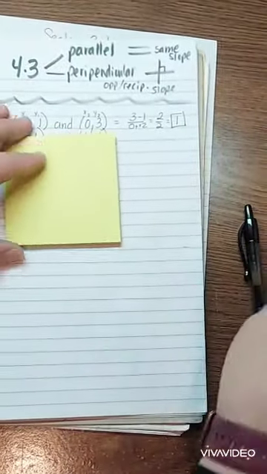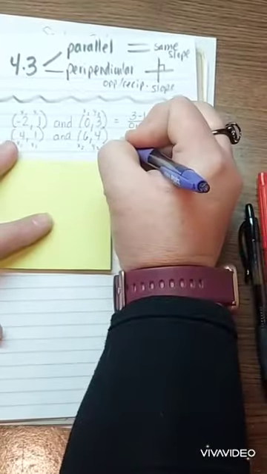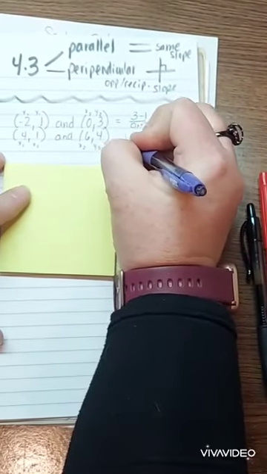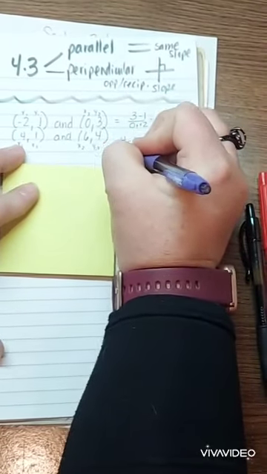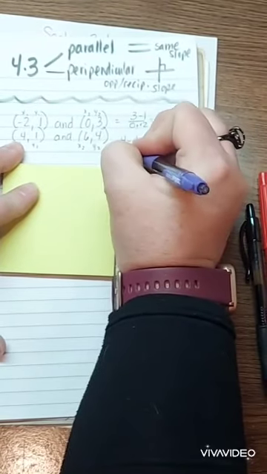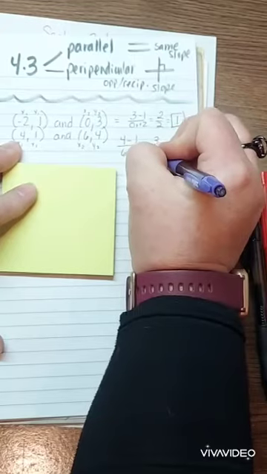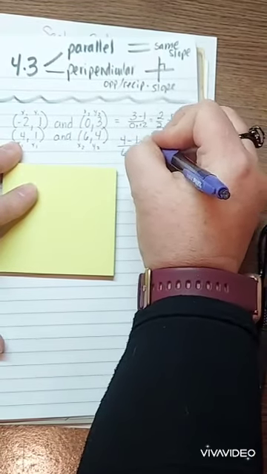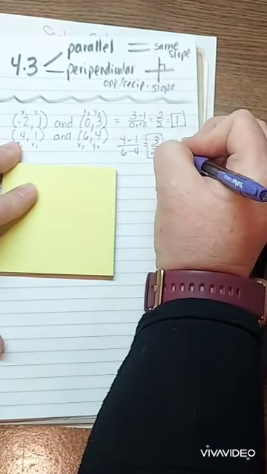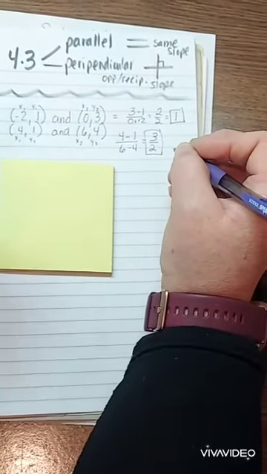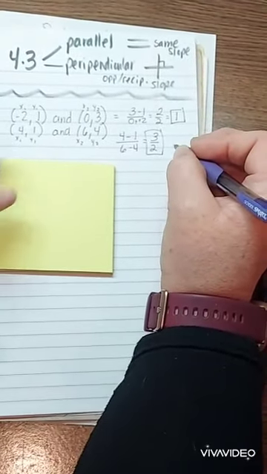All right. How about this one? 4 minus 1 over 6 minus 4. That's 3 over 2. Okay, so let me ask you this. Are these the same?